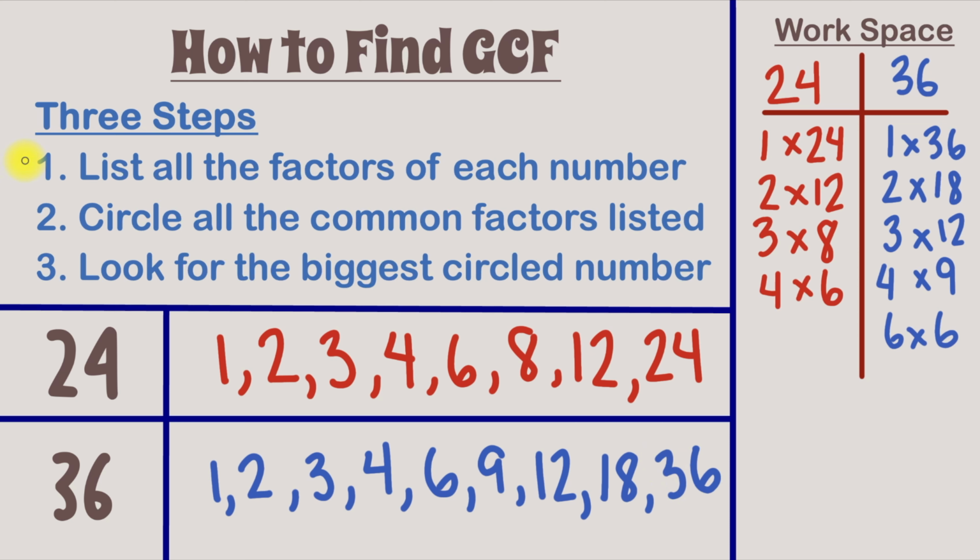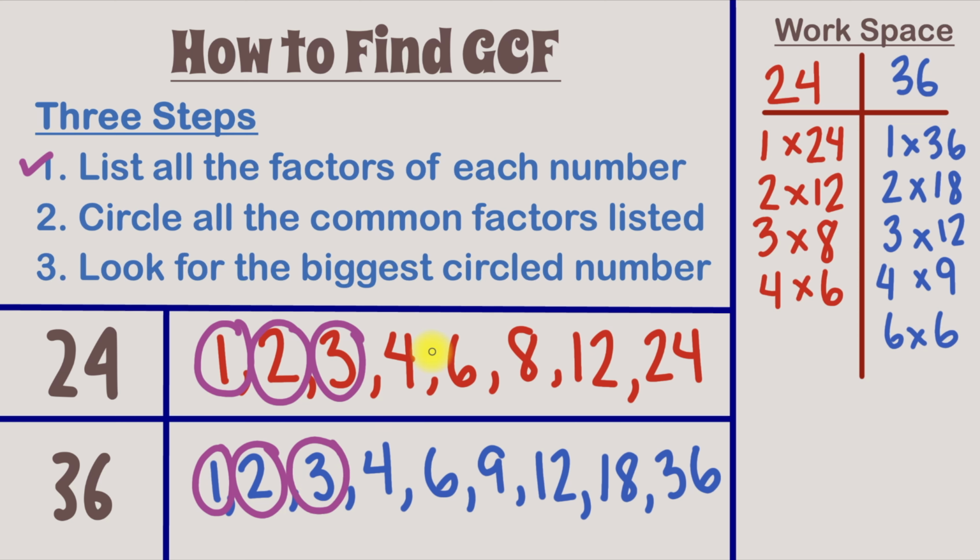So now we're done with step 1, and we can move on to step 2, which is to circle all the common factors listed. So everything that we see in the list of factors for 24 and the list of factors for 36 we'll circle. Since both rows have a 1, we'll circle 1. We can circle 2. We can circle 3.